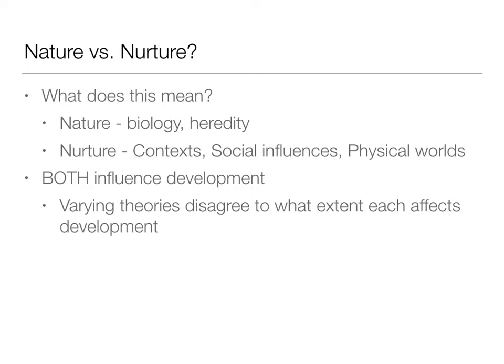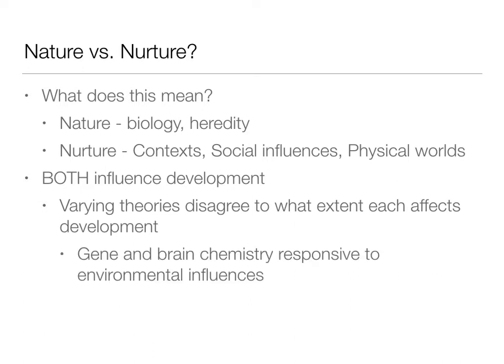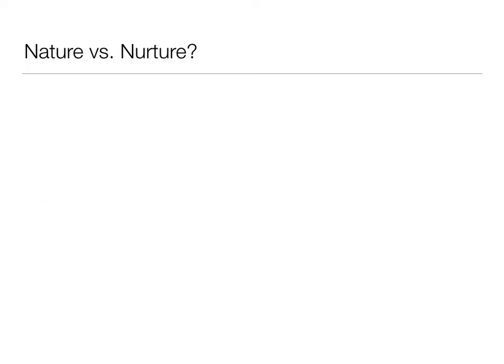We're not even talking about behavior. Genes and brain chemistry can be very responsive to these environmental influences. So this is not just behavioral, this can be on the genetic level as well. Nature and nurture are bidirectionally interacting. Nature affects nurture and nurture affects nature, and it goes back and forth and is ongoing, just like we talked about with that ecological theory.